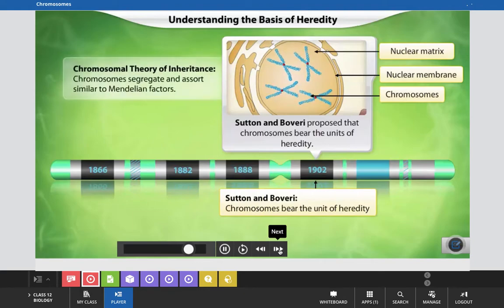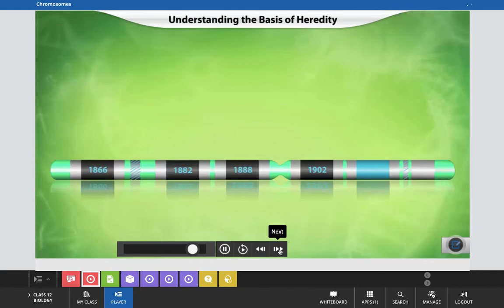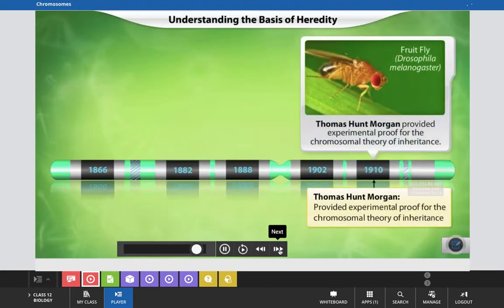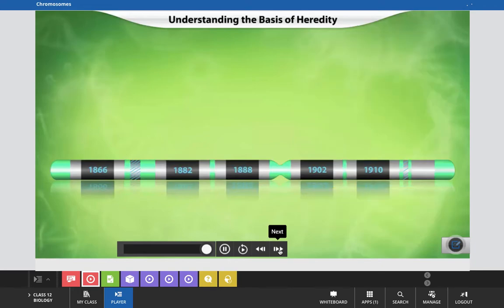This is called the chromosomal theory of inheritance. 1910, Thomas Hunt Morgan provided experimental proof for the chromosomal theory of inheritance based on inheritance of characters in the fruit fly. Click a button on the timeline to revisit a discovery.